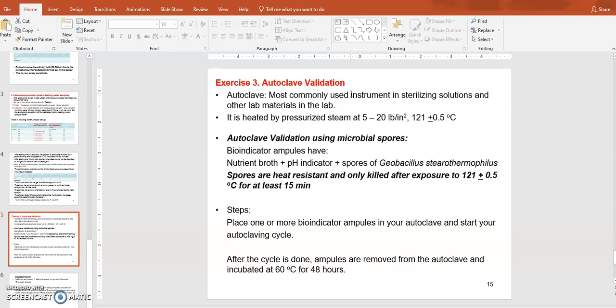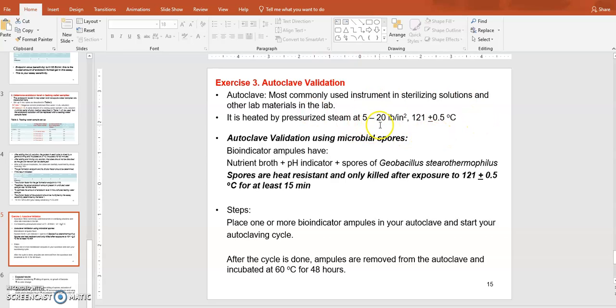By placing your solution, or whatever instrument you want to use, within that autoclave chamber, closing the door, and then introducing high pressurized heated steam into the chamber, you can kill all the bioburden, the contaminants within the chamber. So you provide this condition.